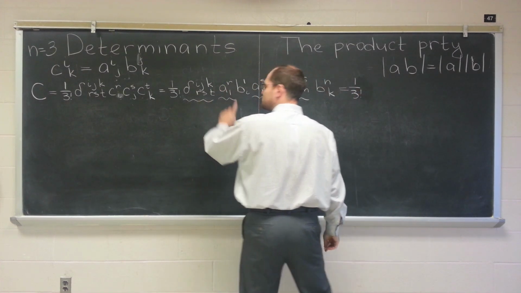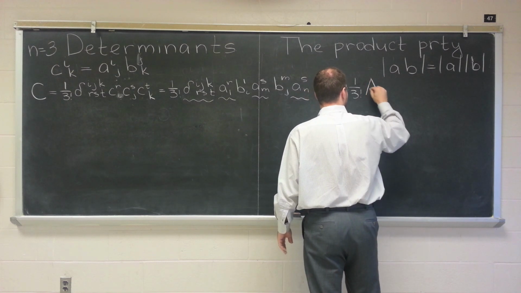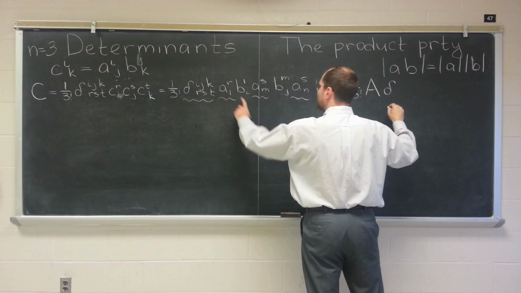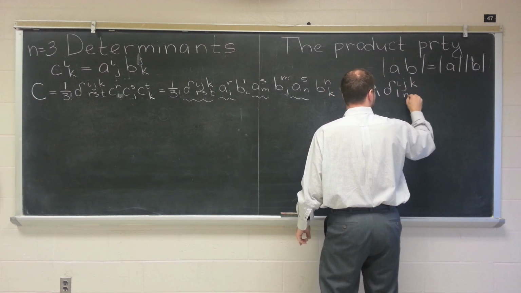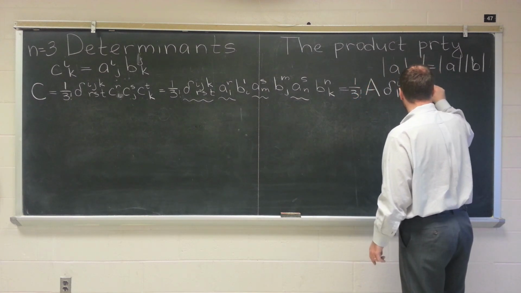But this combination, which I'm about to show after the fact, is the determinant A times delta IJK LMN. And the B terms remain.